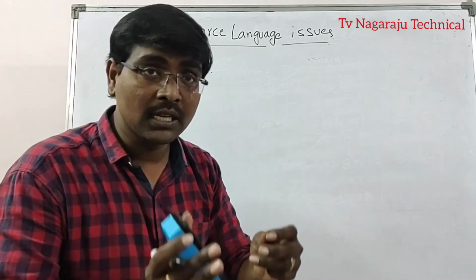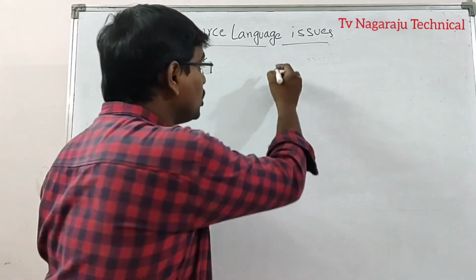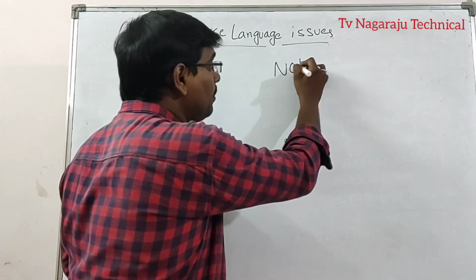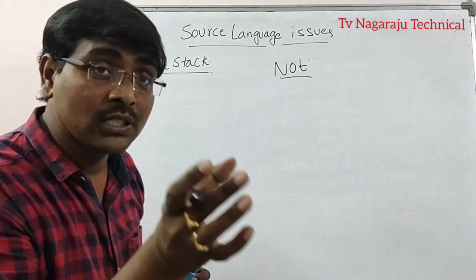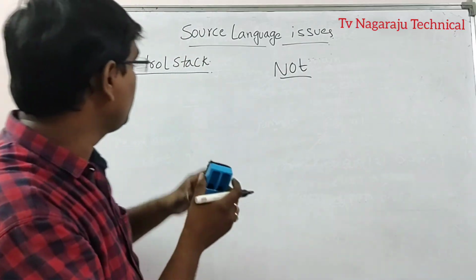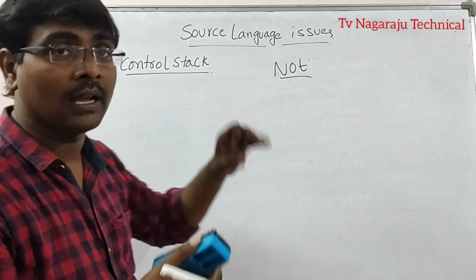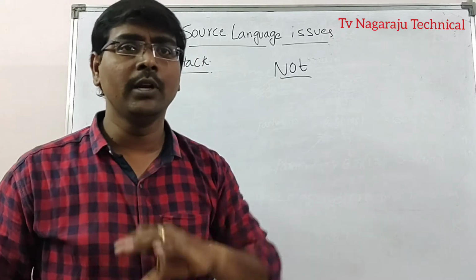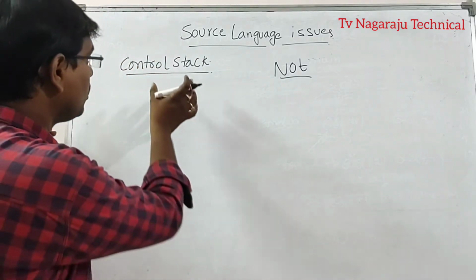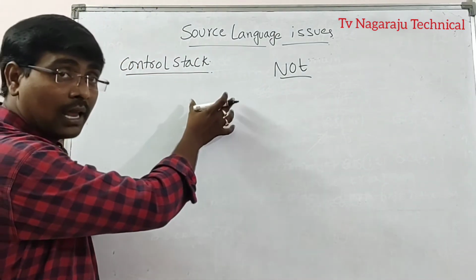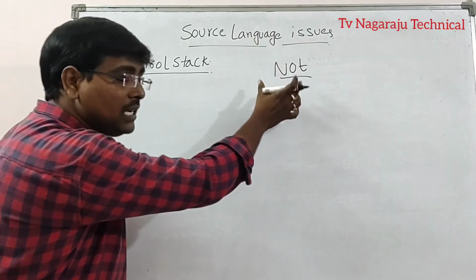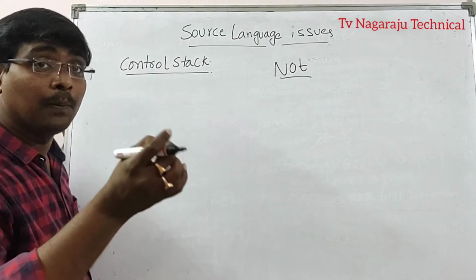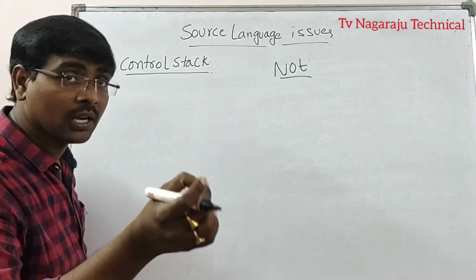The procedures whose execution is not completed are referred to by using the control stack. If it is completed, no need to consider. Clear? The control stack keeps track of the procedures that have not completed their execution.